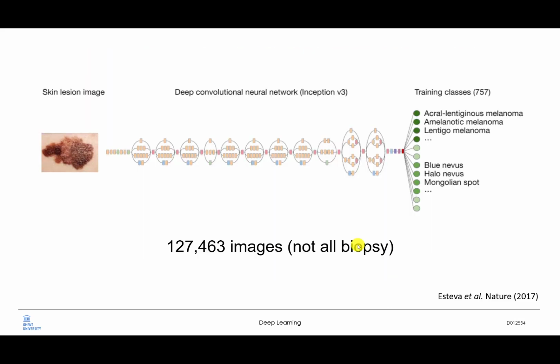Another nice example which I want to mention is one that actually woke up people in biomedical sciences, medical people. This was published in Nature not so long ago, where the researchers just said, well, we see this very good performance of this convolutional neural network for face recognition and all kinds of other tasks. How well will it do on this melanoma problem that I introduced in the first lecture, right?